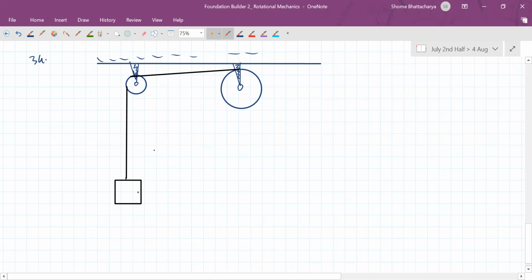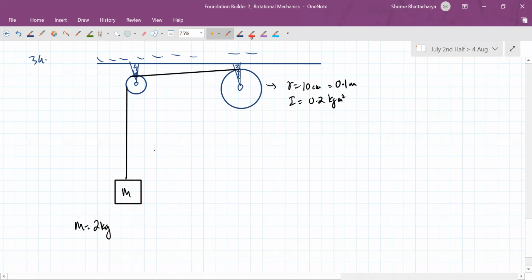So the block's mass is given to us, let's say capital M, it's 2 kilograms. And this pulley's radius is given as 10 centimeters, and its moment of inertia is given as 0.2 kg meter squared. So in SI units, the radius is 0.1 meters.